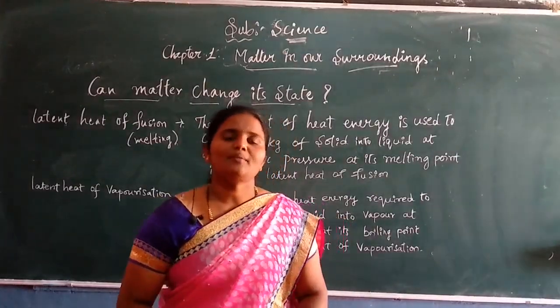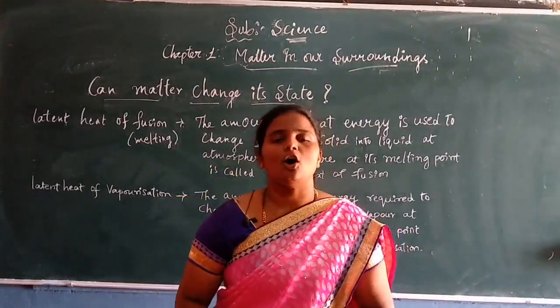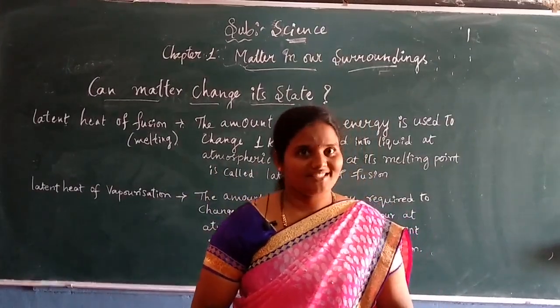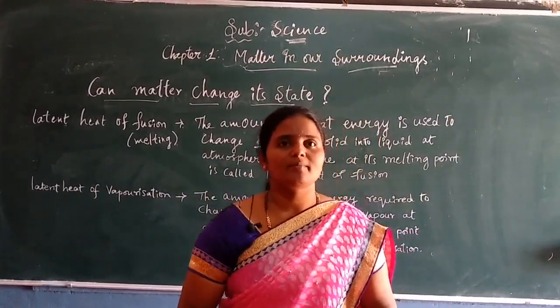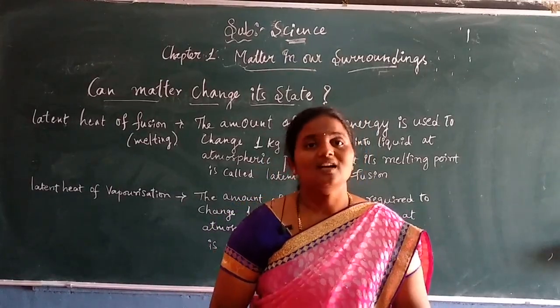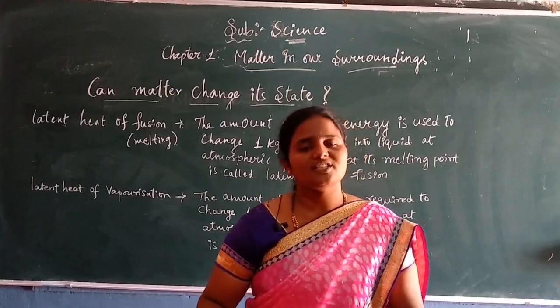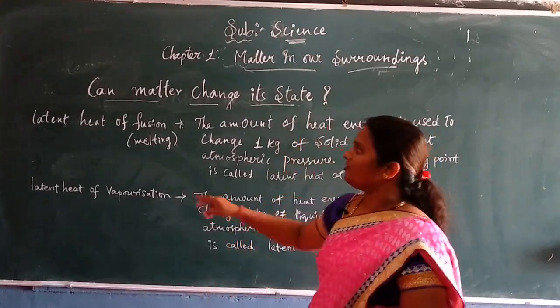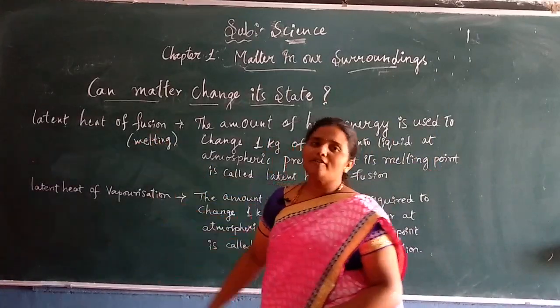Now it's time to define latent heat of fusion and latent heat of vaporization. Children, fusion means melting, where a solid converts into liquid. The transformation of a solid state into liquid is called fusion. Now we will define latent heat of fusion.